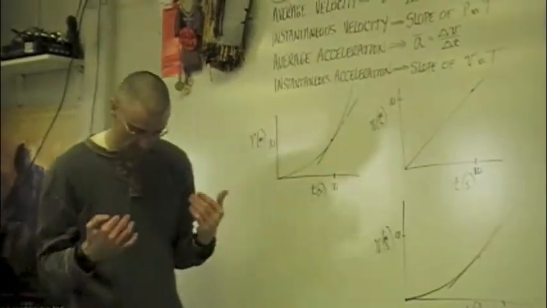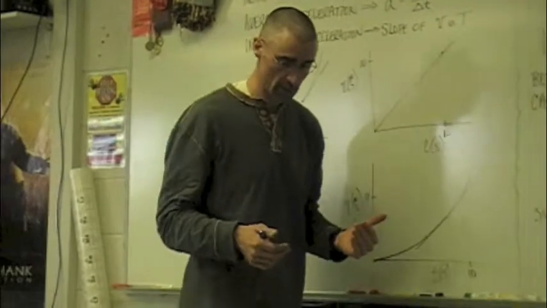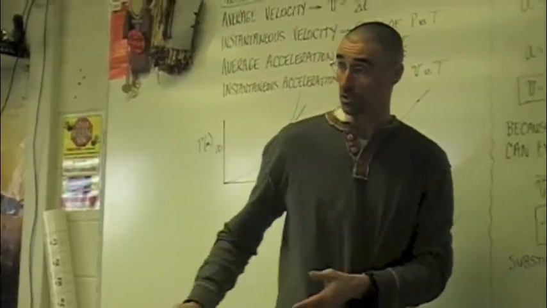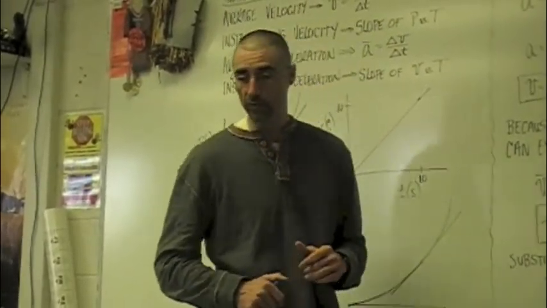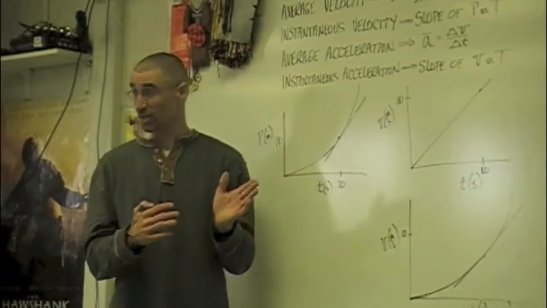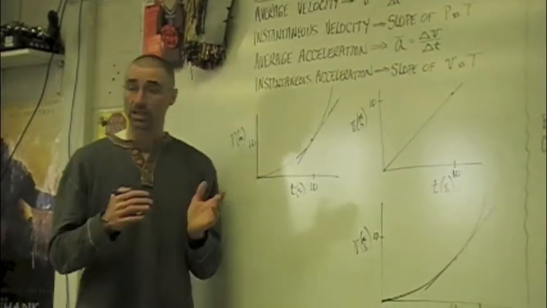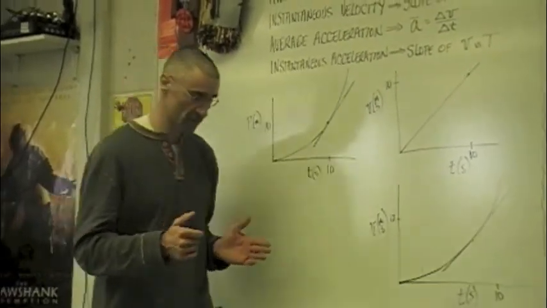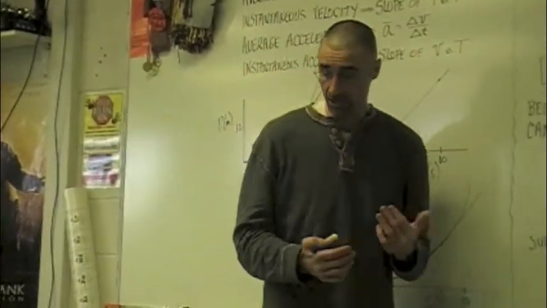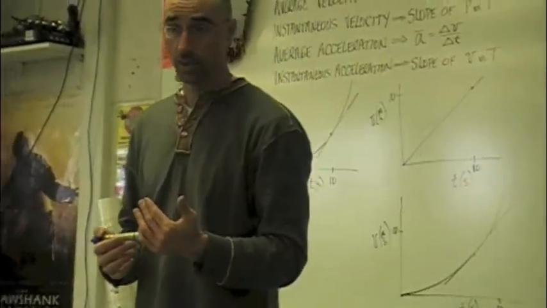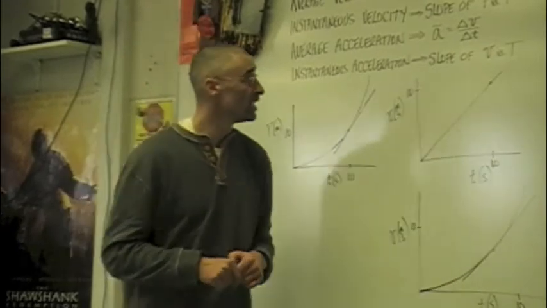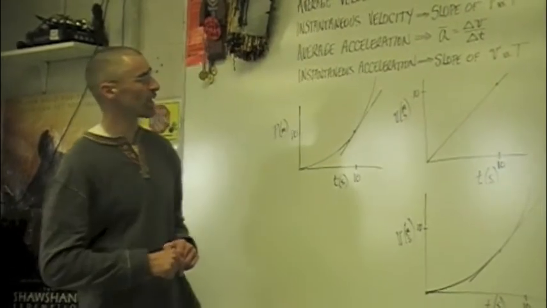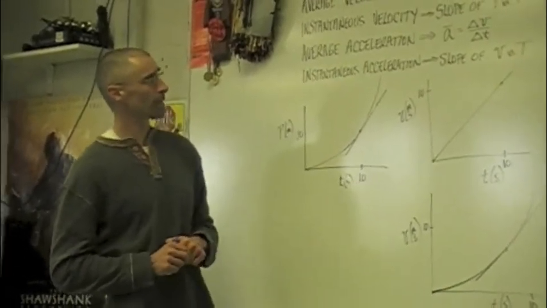So if I'm here and then I move over here, I've moved a certain displacement. We've done everything in one direction linearly so far. We're going to get to a point real soon where we'll be doing displacement in the x and displacement in the y, which we'll have to use vectors for, but you guys are vector experts, so we're not going to have too much problem with that, okay?